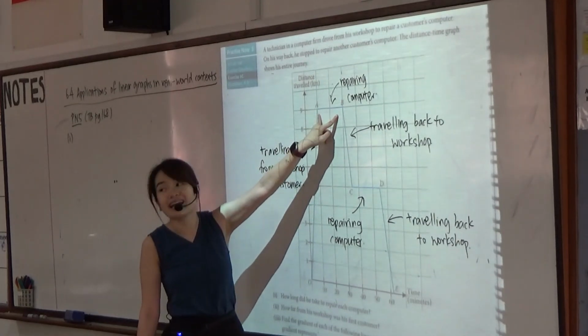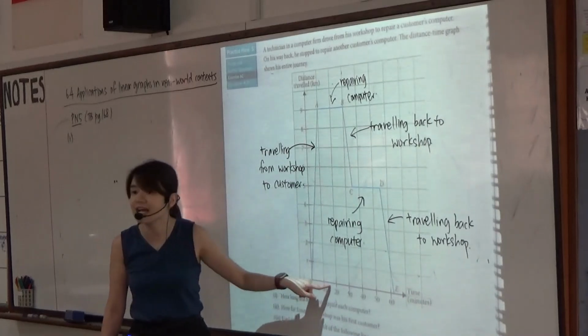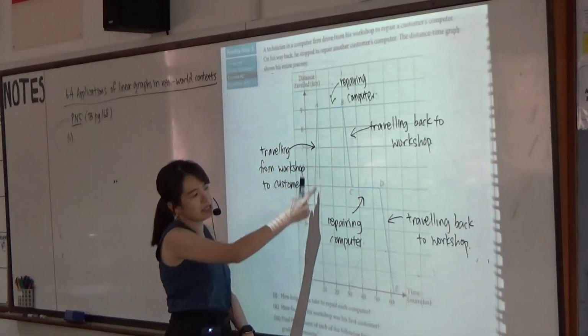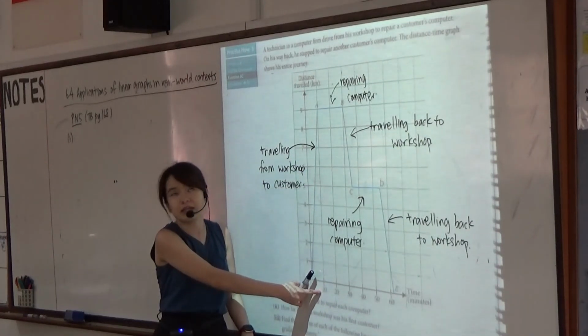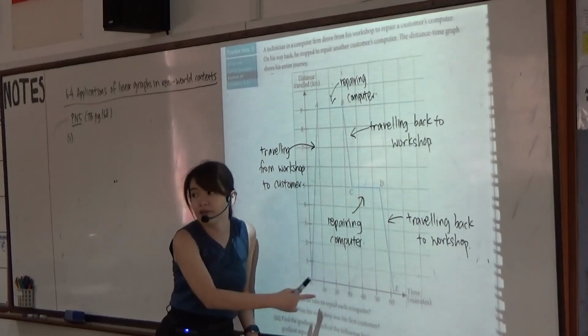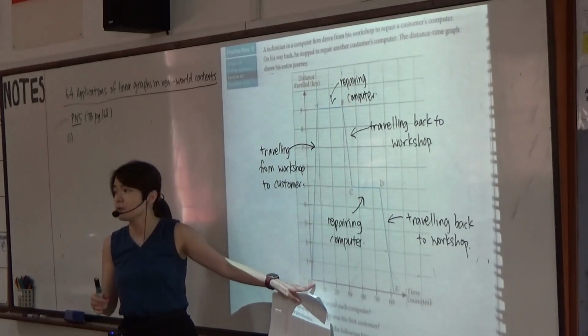Then to know how long that is going to be, we read downwards because that is our time axis, and we see that from point A to point B, point A is at 10 minutes, point B is at 30 minutes. So it takes a total of 20 minutes, 30 minus 10, to repair the computer.